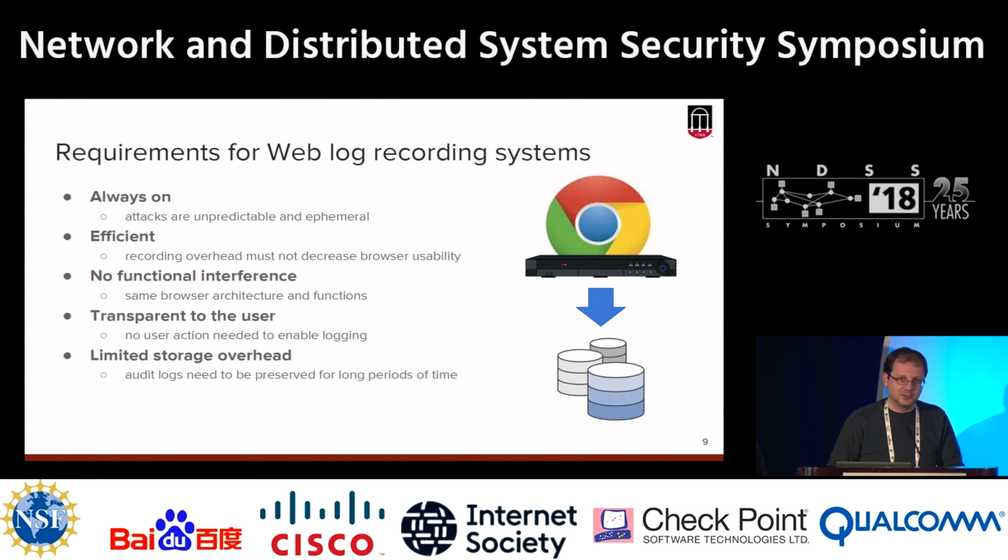The browser should do it transparently. And also, we'd like to have limited storage overhead, because, as I mentioned earlier, incidents may be discovered much later than the attack actually initially occurred. And so you might need to go back in time by a lot to be able to precisely reconstruct where, say, a malware infection occurred.